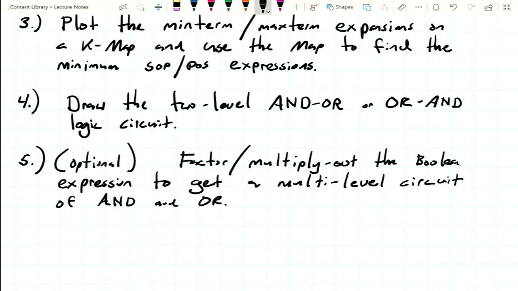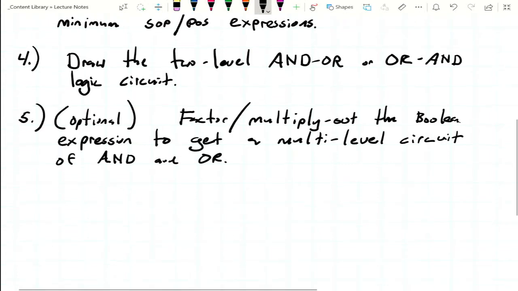Right. This is where we showed that if you took even your minimum expression, if you did a little bit of factoring, a little bit of multiplying out, you could get a circuit that had multiple levels, but maybe those multiple levels might have fewer gate inputs than even just the minimum sum of products or product of sums solution.